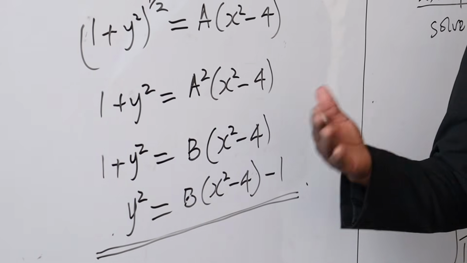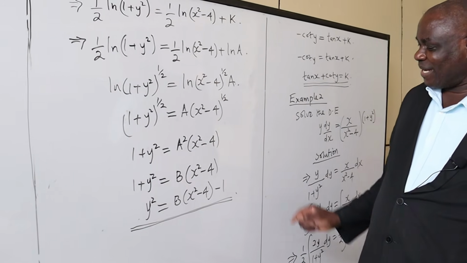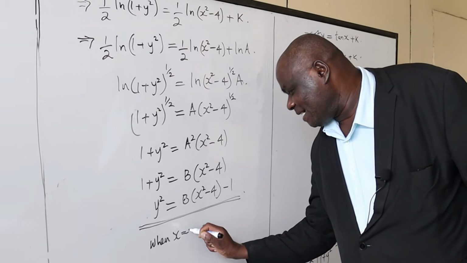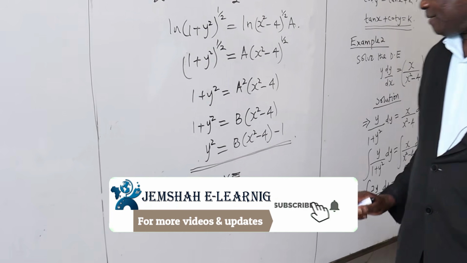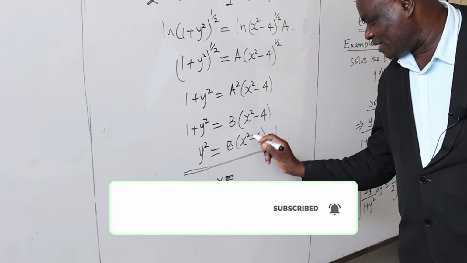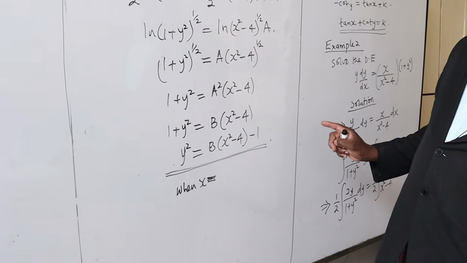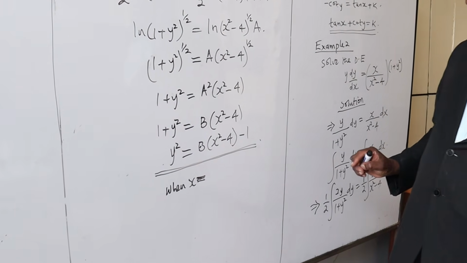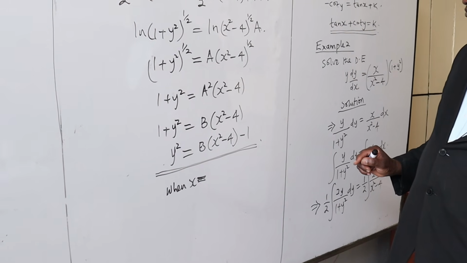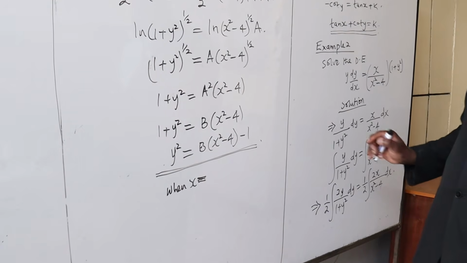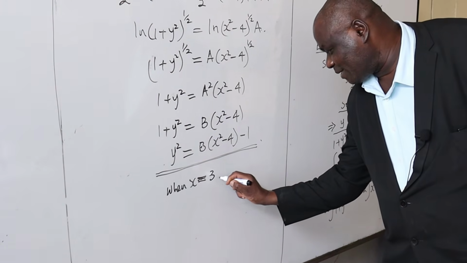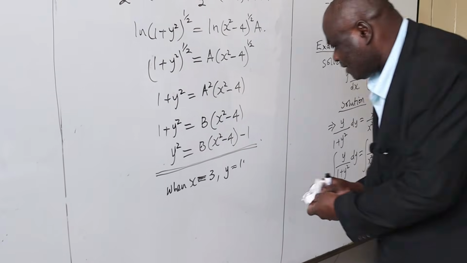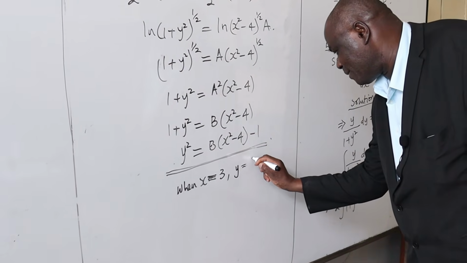Now, we can get the value of b if some conditions were given. For example, if we are told that when x is equal to 3, y is equal to 2.